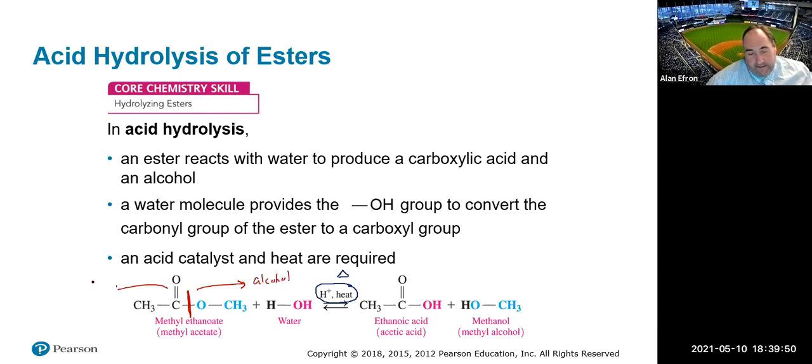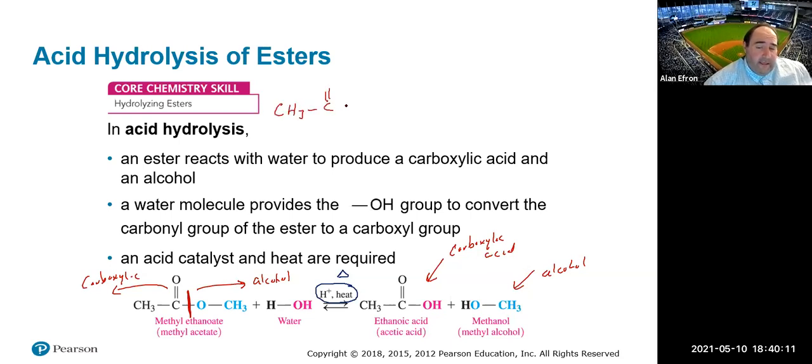Again, the carboxylic acid is going to come off this way. And what you will get is both the completed carboxylic acid back and the alcohol back. So again, you may be saying, how do I know what happens? You just want to do it in reverse of how we put it together.